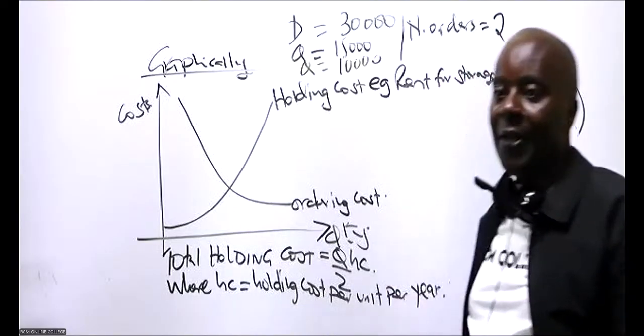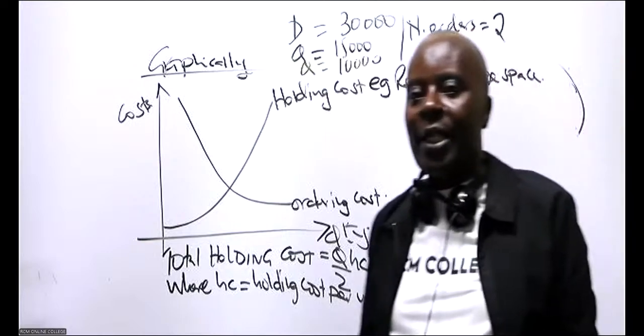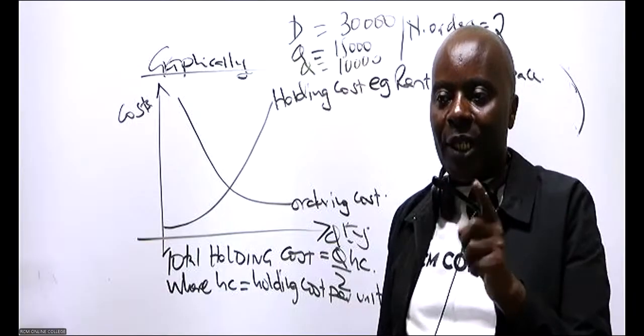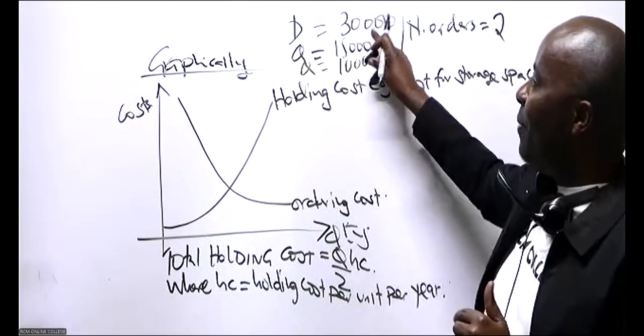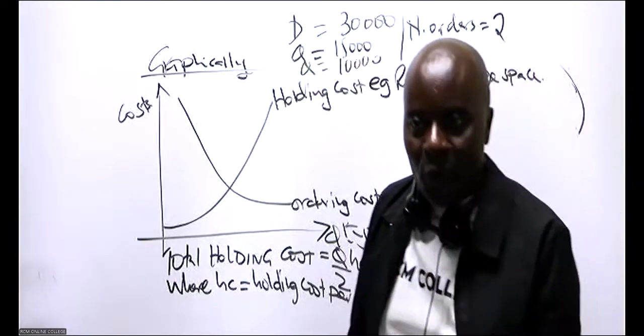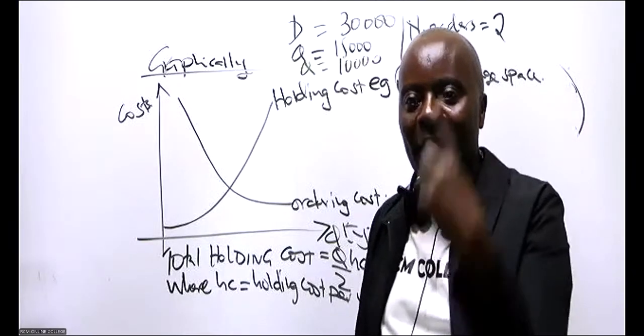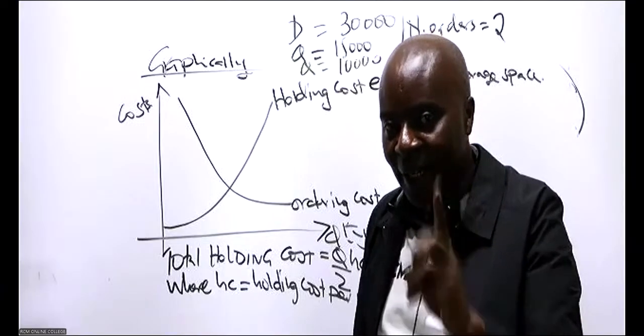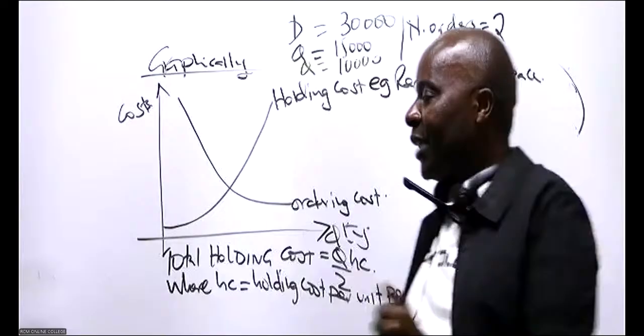If we have enough space, instead of asking for a few units, we can decide to acquire 30,000 at once and bring in all of them. What would that mean? If it's a lorry bringing, only one lorry brings. So we are ordering only once instead of ordering many times.